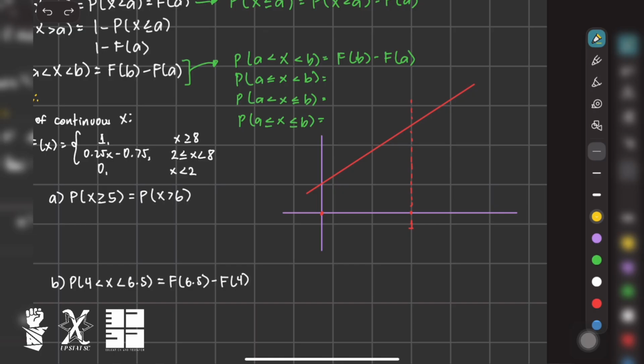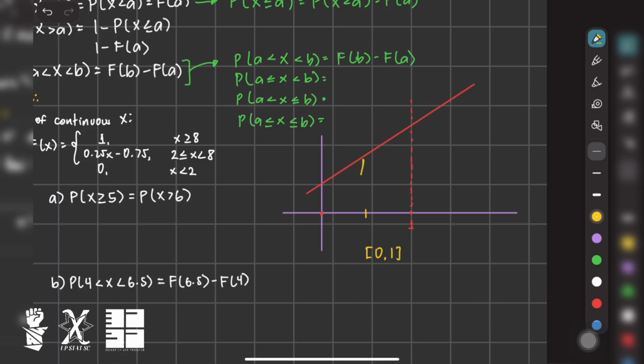Remember, our only interest is between 0 and 1. So when we look at this whole area, what is the probability of getting less than, for example, one half?